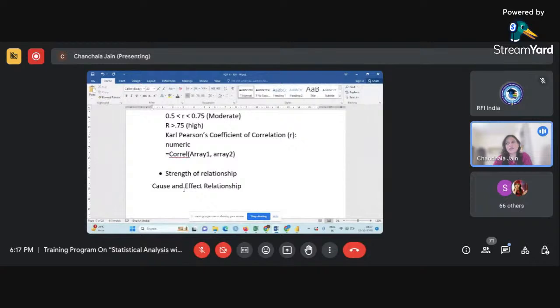In regression, generally, we can say this variable is the dependent variable and this variable is the independent variable, right?